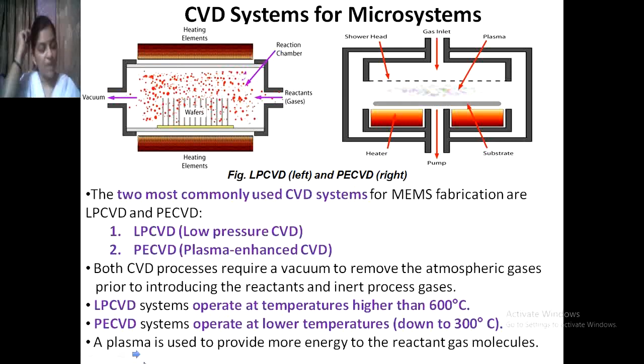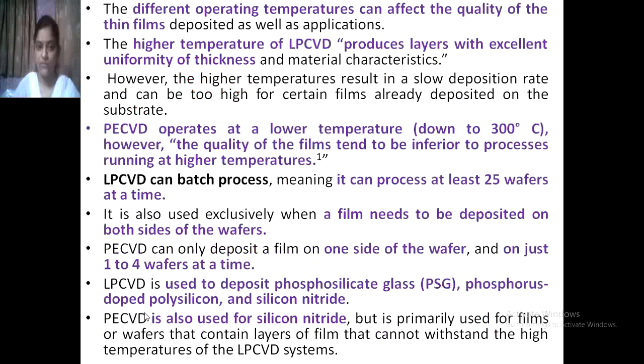A plasma is used to provide more energy to the reactant gas molecules. The different operating temperatures can affect the quality of the thin film deposited as well as the applications.